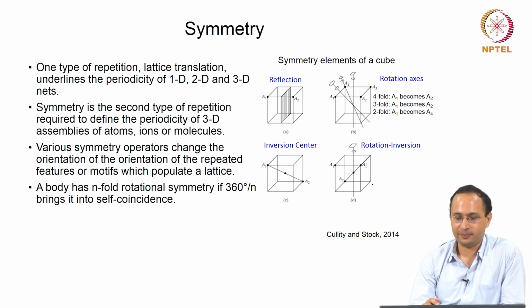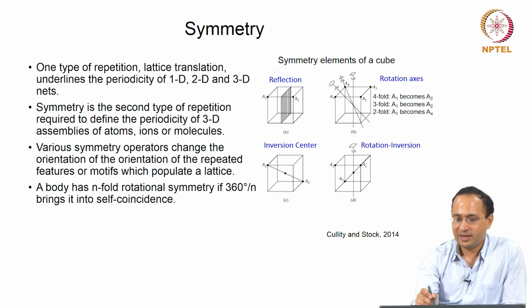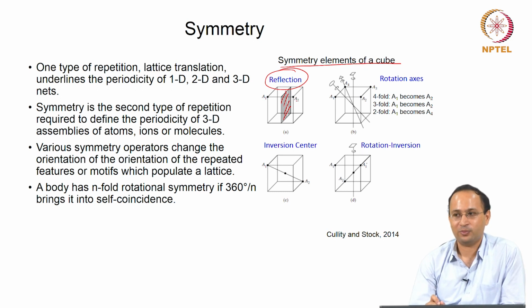What do we mean by that? Here we are looking at the symmetry elements of a cube. You say okay, it is a reflection symmetry. Reflection means your A1 will become A2, that is one type of symmetry, clear, that is a reflection.